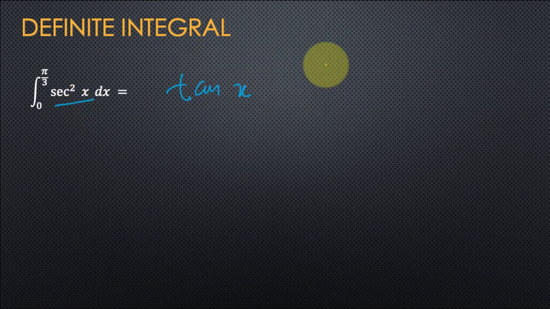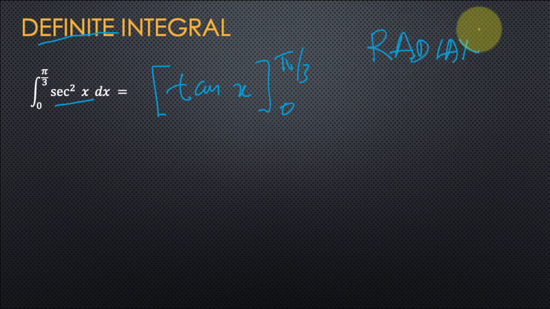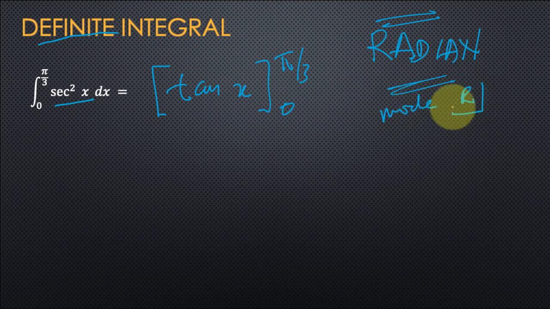You don't have to put plus C, because now we are talking about definite integral. We have the limit. So the limit is 0 to pi over 3. Remember, the unit is always radian. Make sure that you set your calculator to mode radian, mode R.